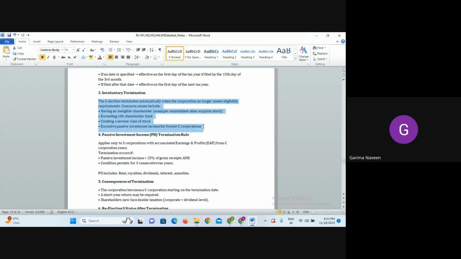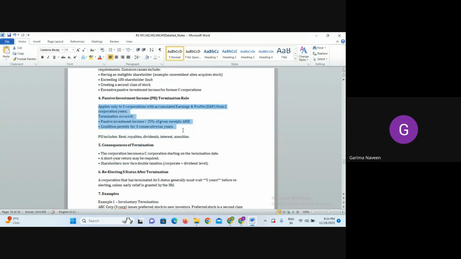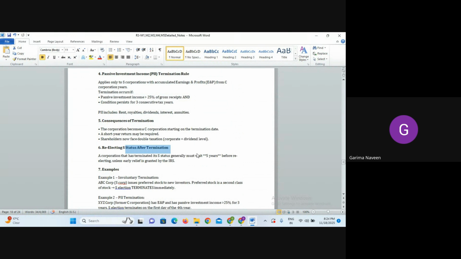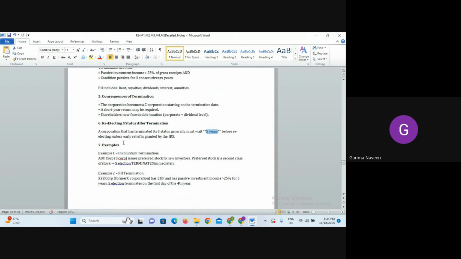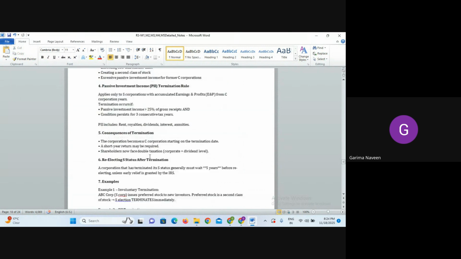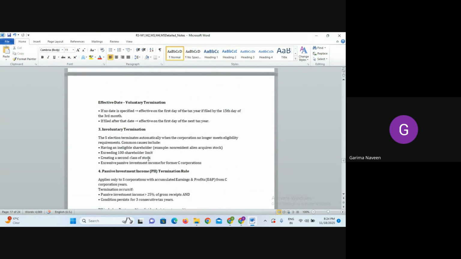So if the termination is due to ineligibility, that means the status will be terminated immediately. Similarly, for the passive income test, if you fail to meet the passive income test, then from the fourth year onward, the corporation's status will be terminated. Okay. Re-election, I already told you that you have to wait 5 years before the re-election. Any doubt in termination and election of S corporation?